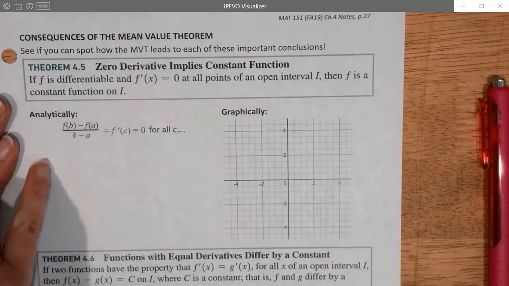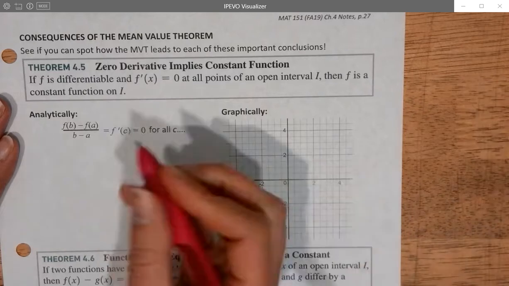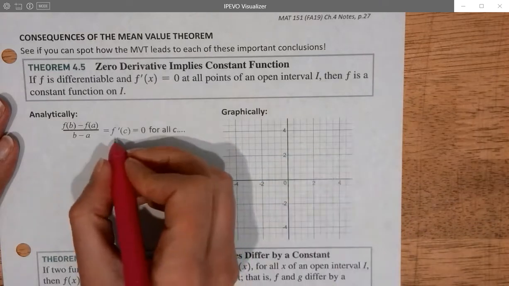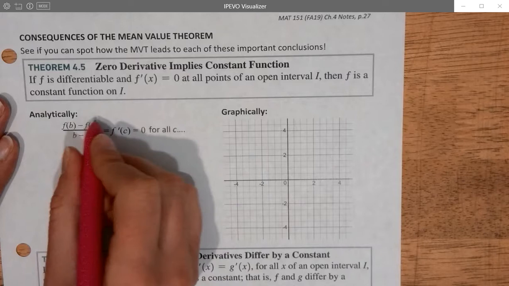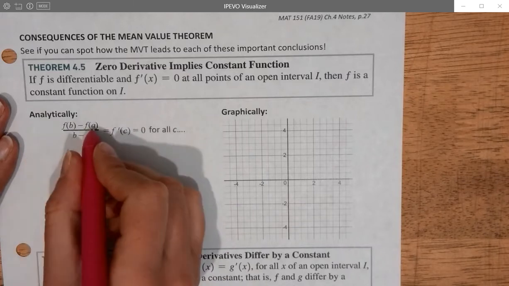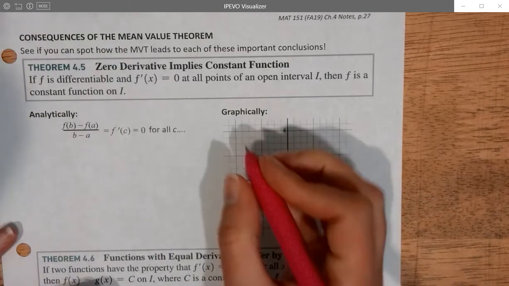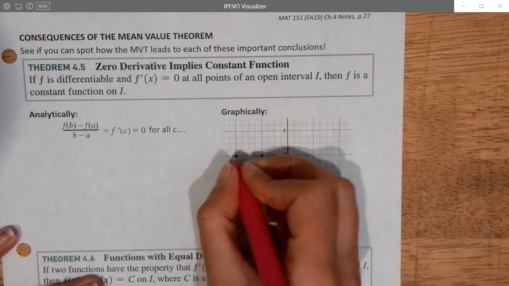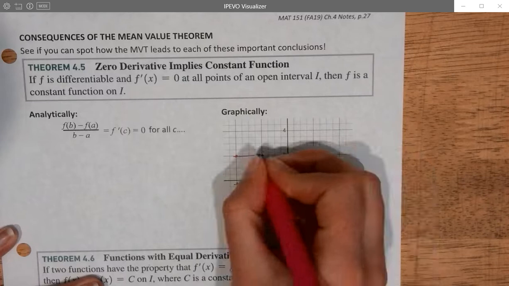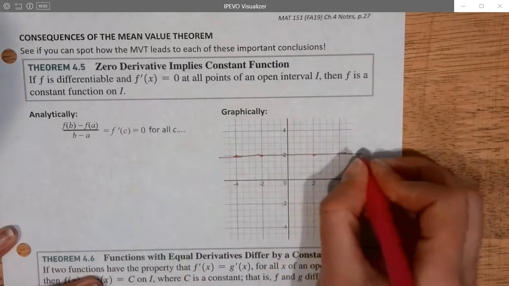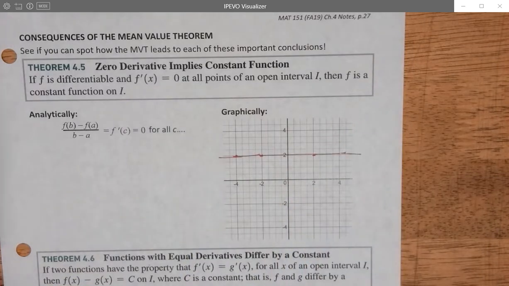So algebraically, if the derivative is equal to 0, that means that the difference of the two y values is equal to 0. So the slope is equal to 0 for any given point, so it means that the function had to be constant.